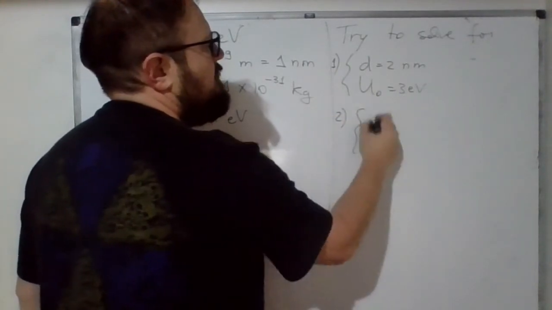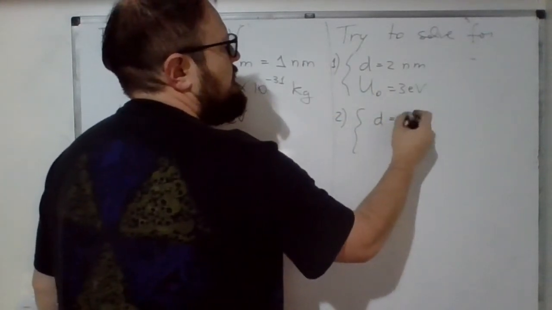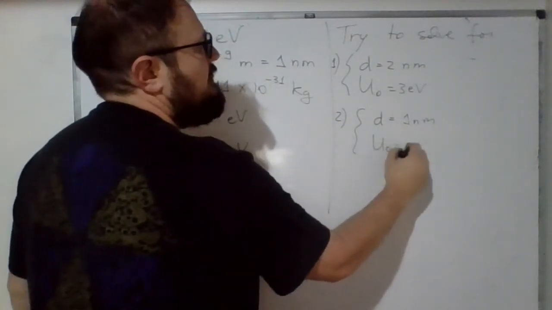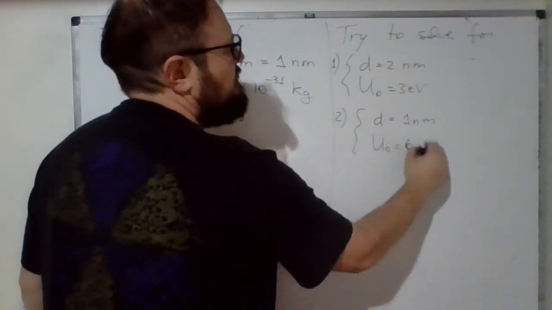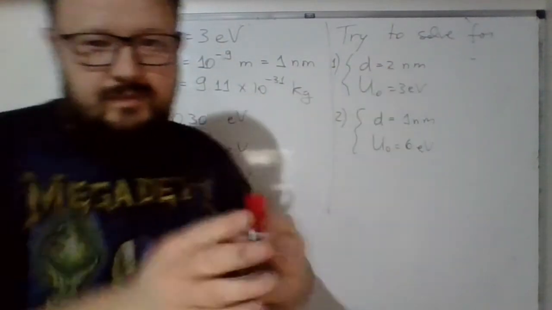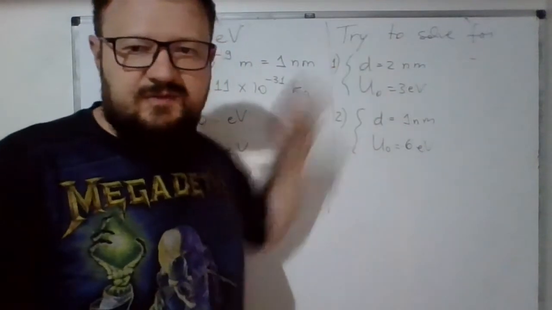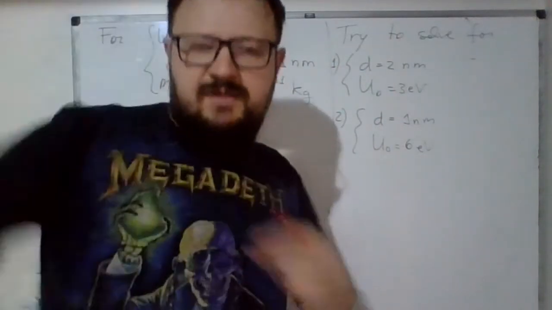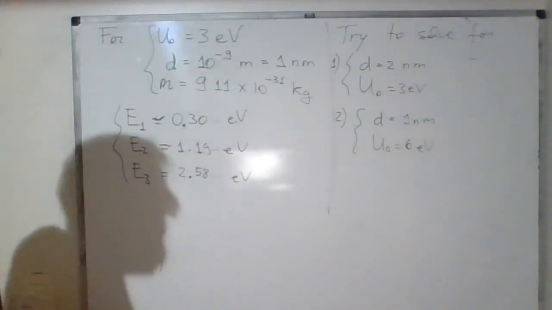Second scenario, D equal to 1 nanometer, U naught equal to 6 electron volts. So you're doubling the size of the box in the first problem, and in the second problem you are doubling the height of the barrier, right?